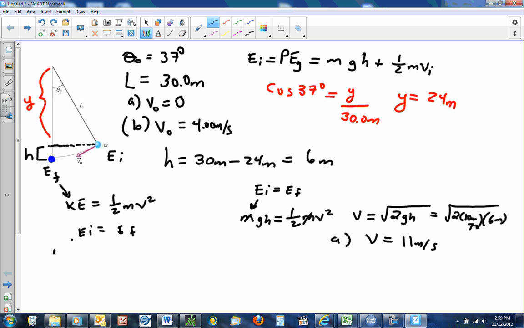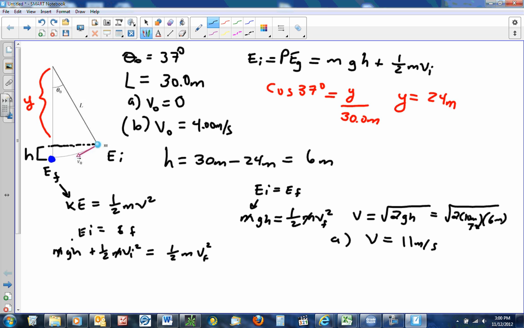This is going to be mgh plus 1/2 m v initial squared, which has to equal all he has at the bottom, which is kinetic, 1/2 m v final squared. This really was final here, but since we only had one, I didn't have to do that.